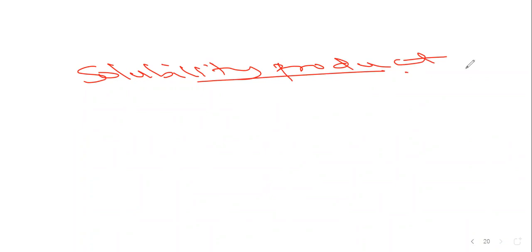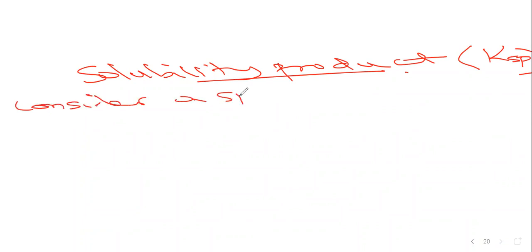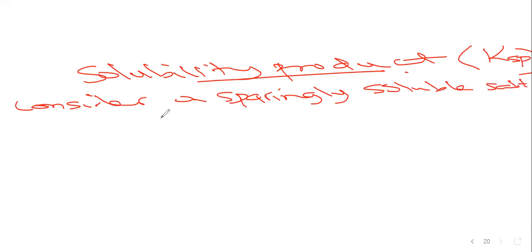Solubility product is normally given the abbreviation Ksp. How does it come about? Let's consider a sparingly soluble salt, and let's assume that salt is AxBy.